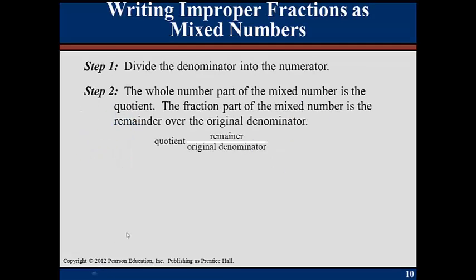Now, of course, if we can write mixed numbers as improper fractions, we can also write improper fractions as mixed numbers. Step 1. It says divide the denominator into the numerator.